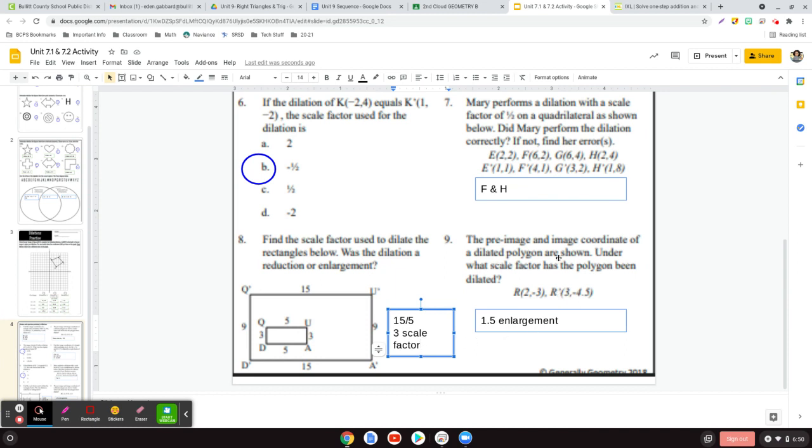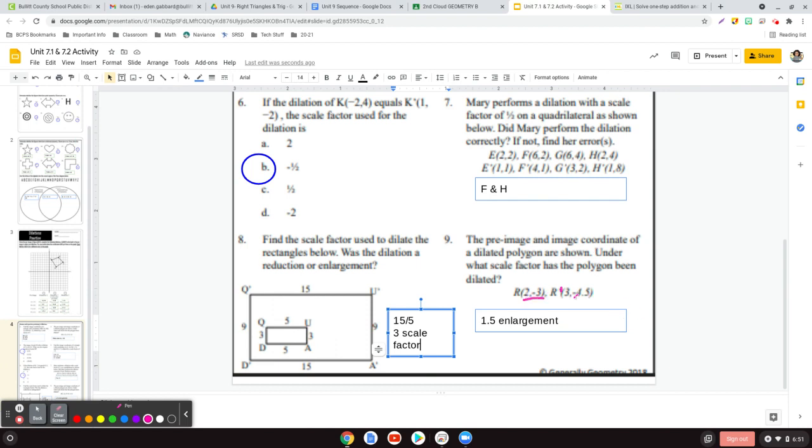Number 9, the pre-image and image coordinates of a dilated polygon are shown. Under what scale factor has the polygon been dilated? Well, we have to decide which one's our pre-image and which one's our ending image. Well, it's marked right here. We have our prime, so our prime here tells us that's our ending image. So now let's look at our coordinates.